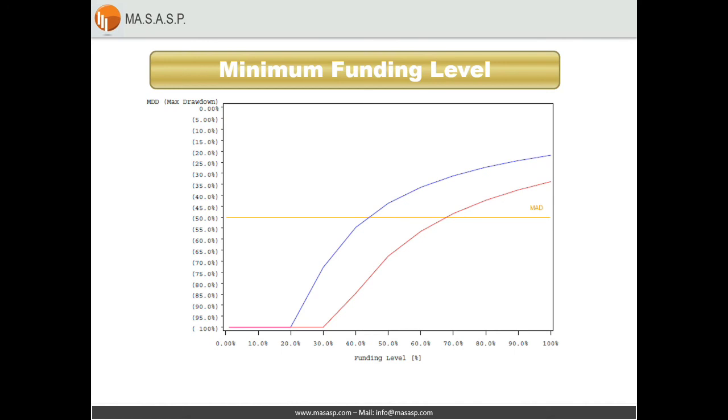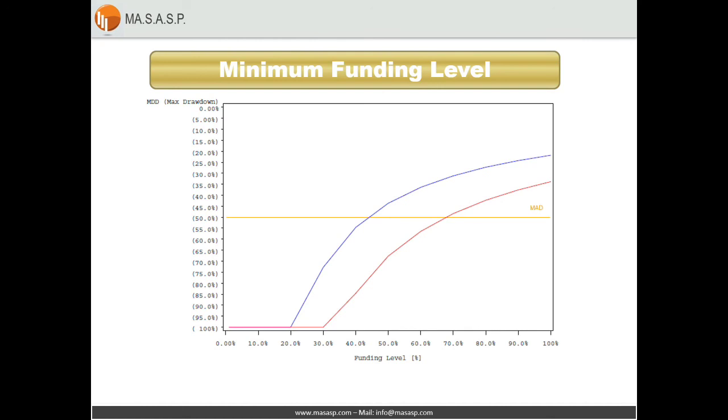Let's get into details about this chart. The underfunding level analysis chart. The x-axis here represents the funds provided measured as a percentage of the notional value that we intend to invest.